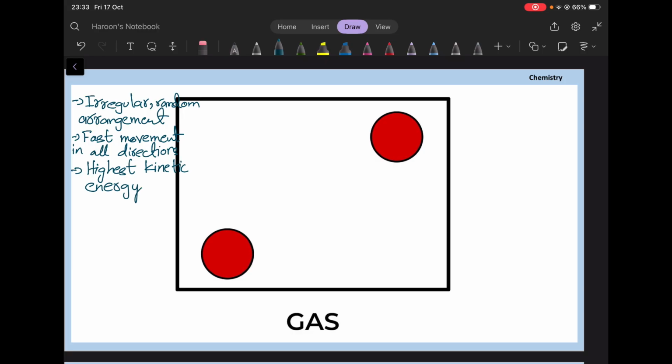Next thing that we see over here is there are a lot of empty spaces in between. So it doesn't really have any fixed volume. We can bring them closer together, right? So if we, for example, push this container from this side, let's say it was a piston, and move this inwards, the particles would just adjust their position within the confined space. So we can actually compress the gas.